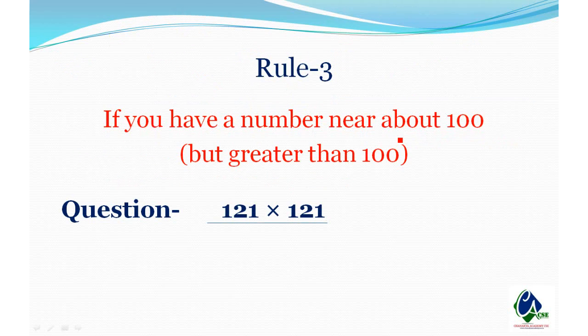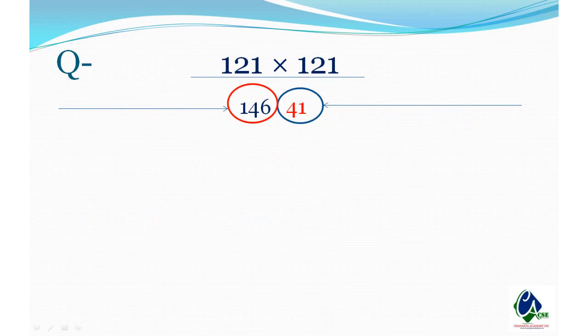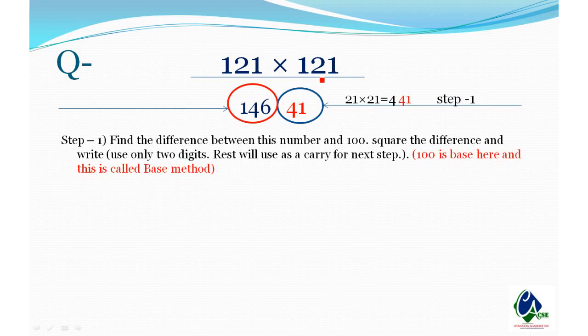If you have a number near about 100 but greater than 100, there are lots of numbers like 101, 102, 103, 110, 111. See the example. If you are going to calculate the square of 121, our first step is the same.